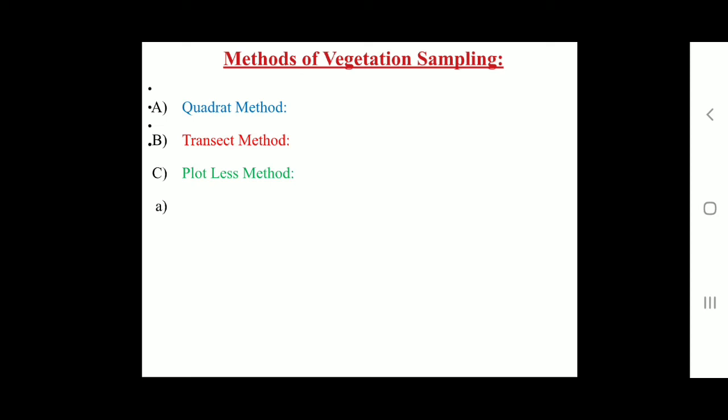The individuals are recorded on a quadrat on graph paper at suitable reductions. Number 4, permanent quadrats. These quadrats are used for repetitive study over a long period of time to understand the change in species composition. And last, number 5, that is the nested quadrats.